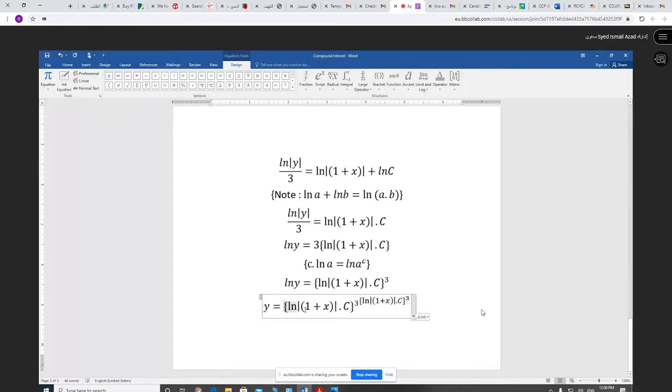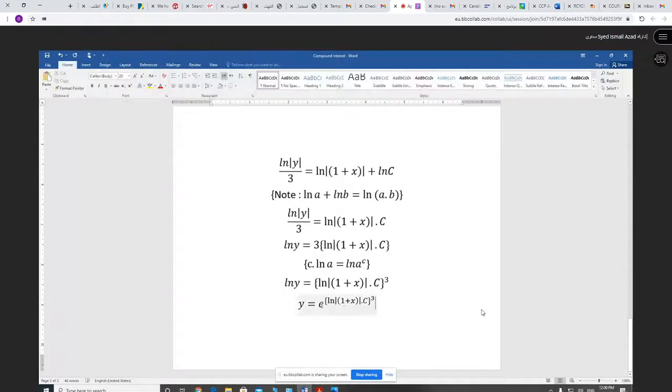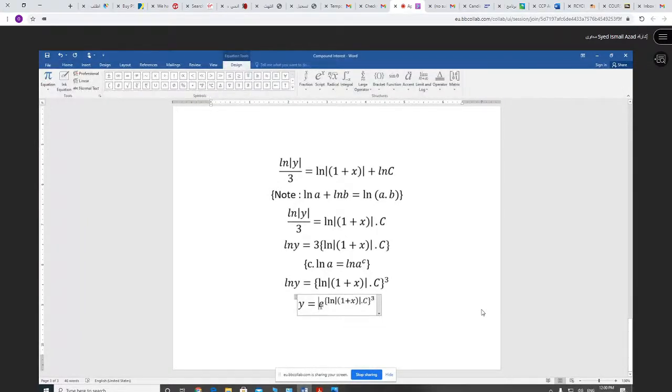So over here there are lots of properties of logarithm that we are using. When you remove this log, you convert it into exponential form, the right hand side goes to the power of e. Now again, if you need to get the general explicit solution, what will happen? If you have e and immediately over the power of e you have ln, then this value comes down. Only the argument, this value, 1 plus x to the power 3, will come outside.